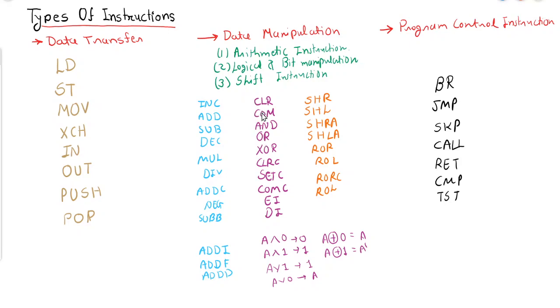In logical, we will have clear, complement, AND, OR, XOR, then clear carry, set carry, complement carry, then enable interrupt and disable interrupt. Those operations deal with bits, or are used if you want to perform any logical operation.